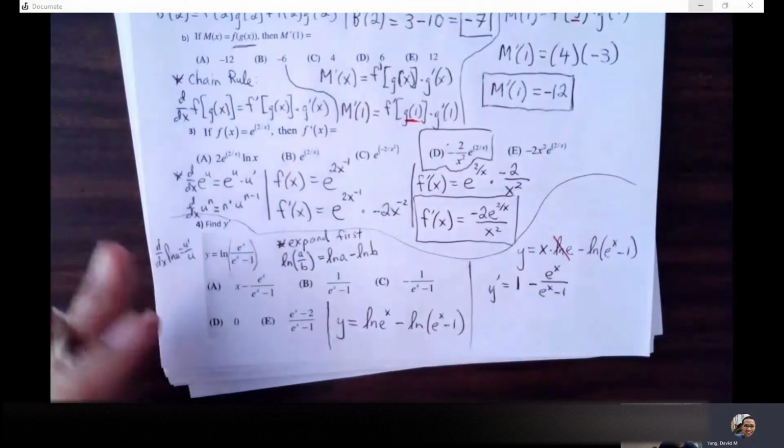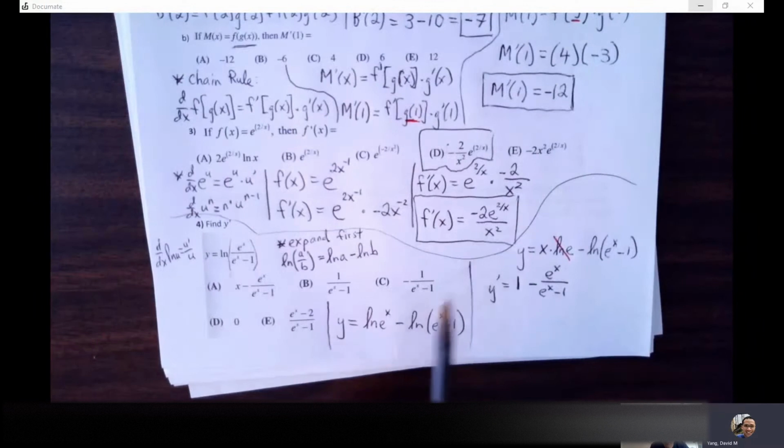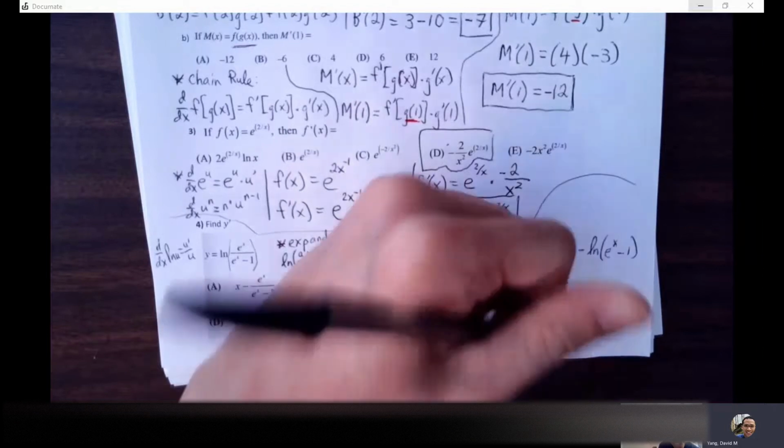Now I have my answer, but I wanted to match with one of my choices here. So it looks like if I can get a common denominator, I'll have a better chance of matching my answer choice. So my common denominator is e to the x minus 1.